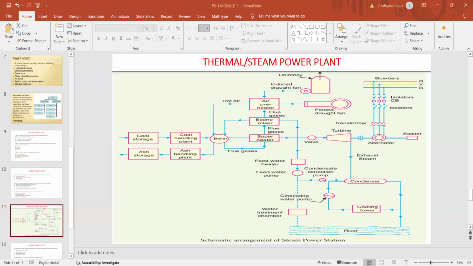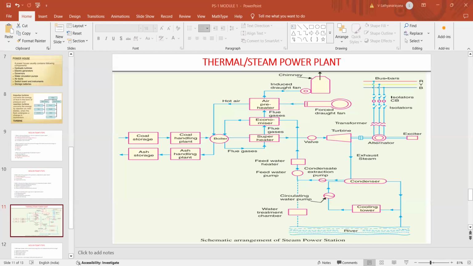What is the turbine input? The dry and superheated steam from the superheater is fed to the steam turbine through the main valve. So the superheated steam from the superheater is the input for your turbine in order to rotate its blades.